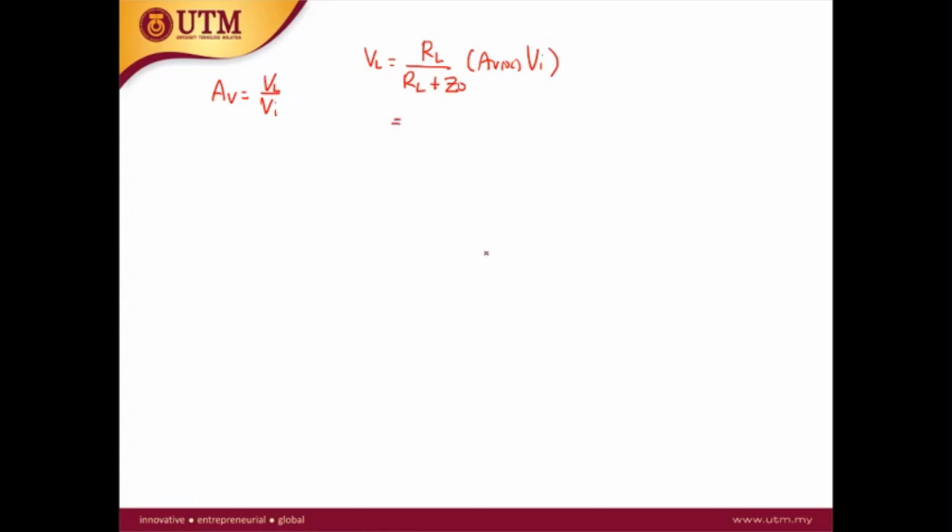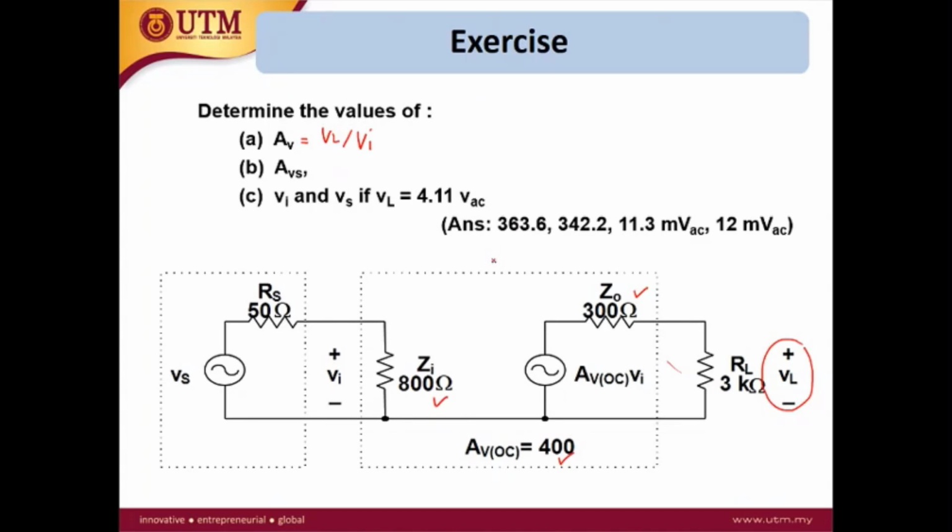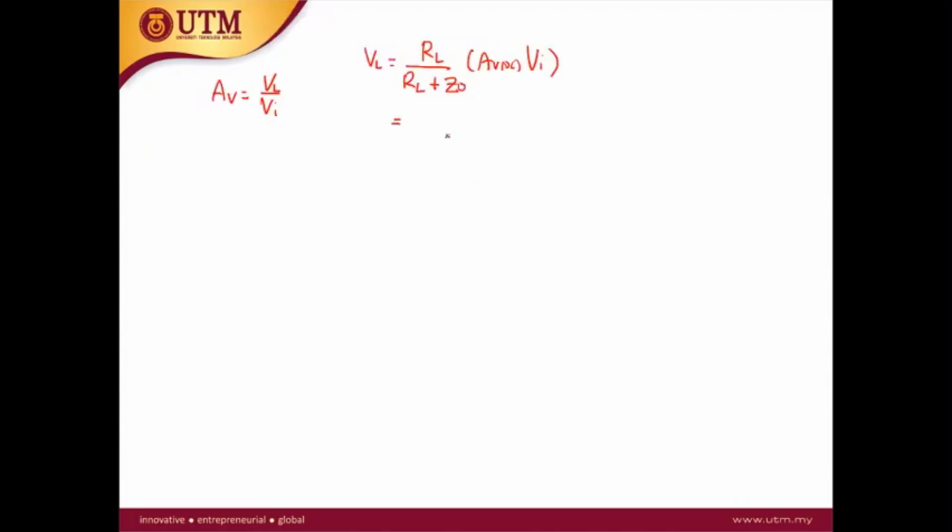Now you can insert the values: 3 kilo ohm, 300, and 400, times Vin. So this is 3 over 3.3 times 400, and you get 363.6 Vi.